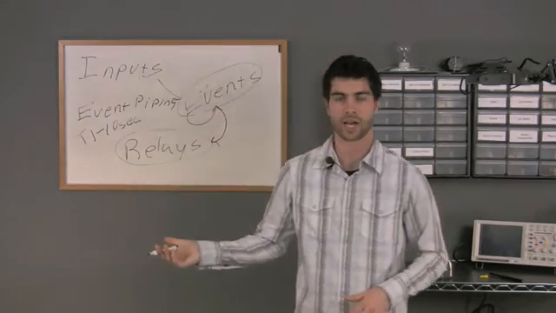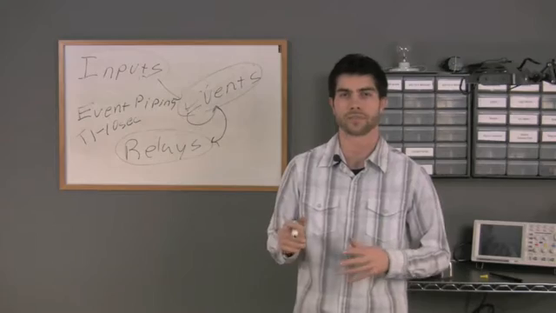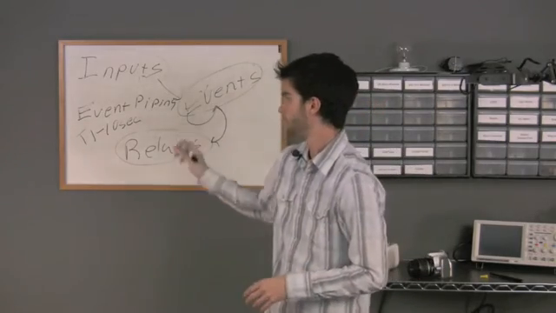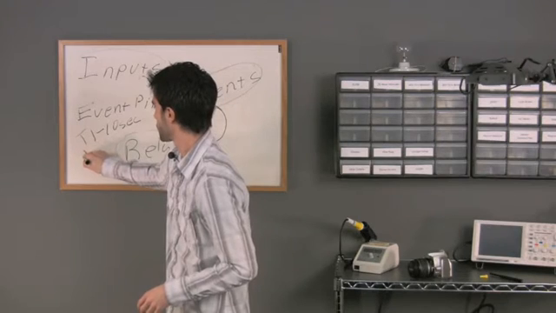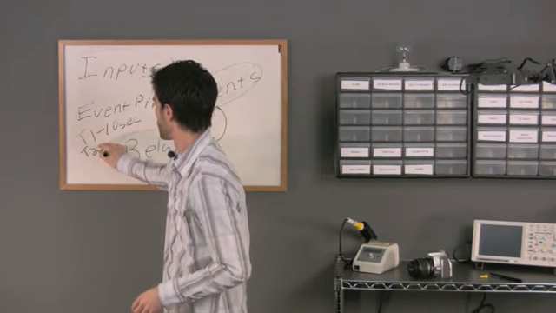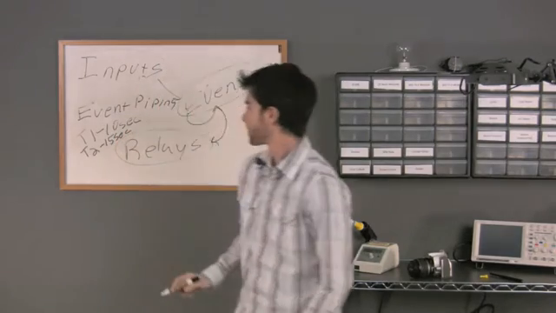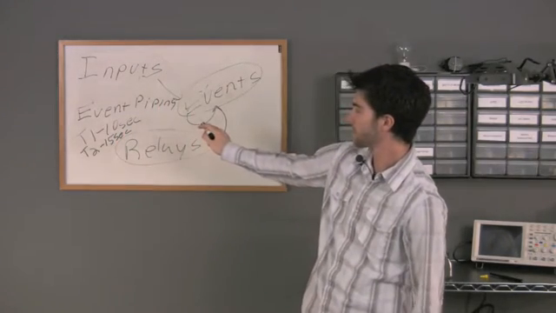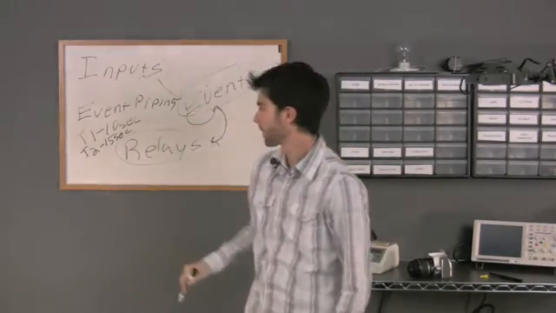No relays are tied to timer 1. Timer 1 just comes on and goes off, and that's all that it does. But what happens is at the end of timer 1, timer 2 is triggered for, let's say, 15 seconds. So timer 1 comes on for 10 seconds, and then at the end of it, it triggers timer 2 to come on.